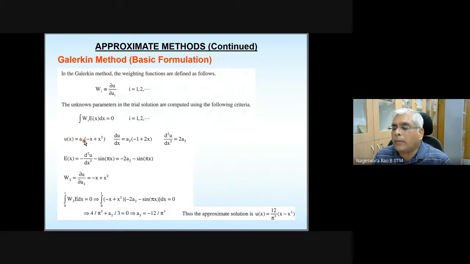If you have two unknown parameters to be determined in the admissible trial solution, you get two weight functions and two equations. You solve those two equations. Here, there is only one unknown parameter to be determined, so one weight function and one equation. Solve that equation and you get A2. Once you get A2, you substitute it in the admissible solution and you get the approximate solution.